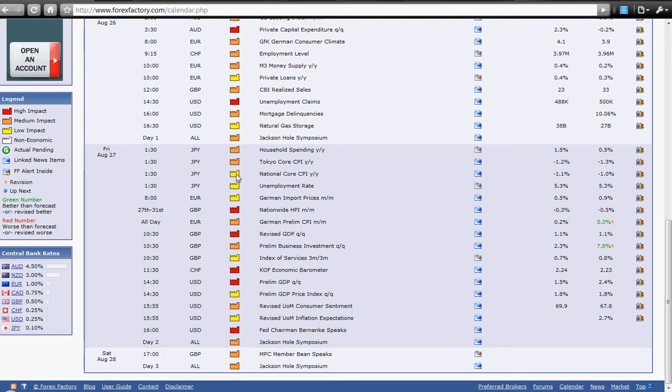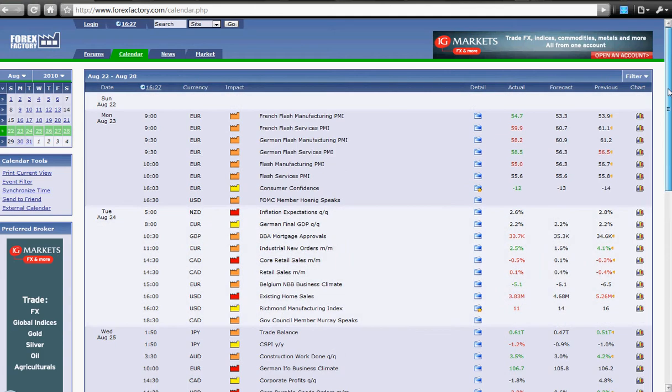Most likely most of the yellow and orange indicators data will stay off the market movement, so it won't be moving the market, but some of them might be very different than forecast. Then it might have some impact on the market.